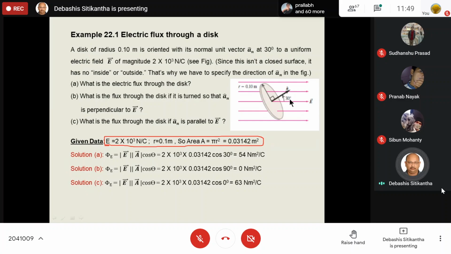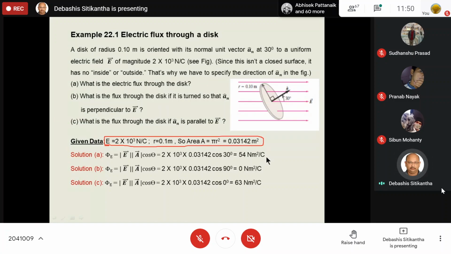Here you don't need to judge the direction of theta, whether it is from E to A or from A to E, because this is a cos term. So we don't need to take the pain of finding the orientation of the angle. Directly putting in the values, we get 54 Newton meter square per coulomb.